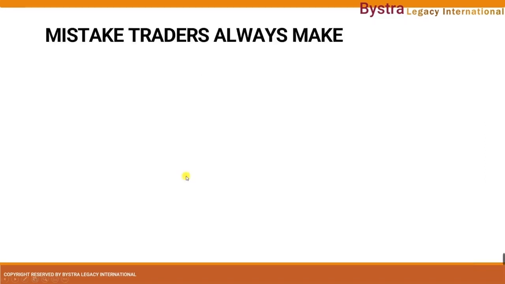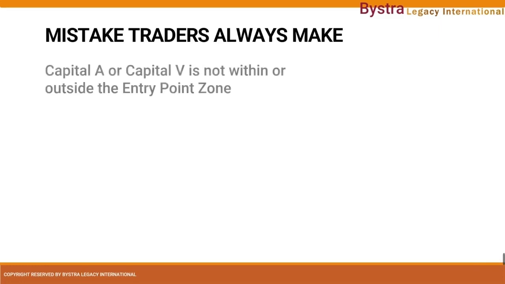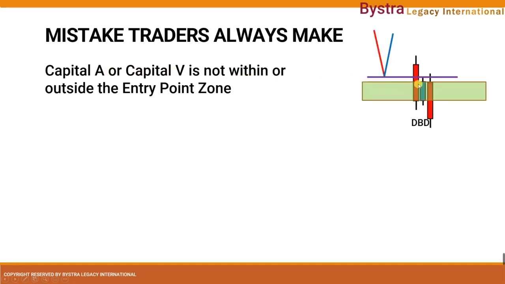Now let's look at some of the mistakes that traders always make. First of all, a lot of traders do not understand the proper entry point, which is the rally base rally and also the drop base drop. Sometimes they choose an entry point that does not contain the resistance or the support. What I'm saying here is that the resistance or the support is not within the entry point zone, as you can see here in an example.